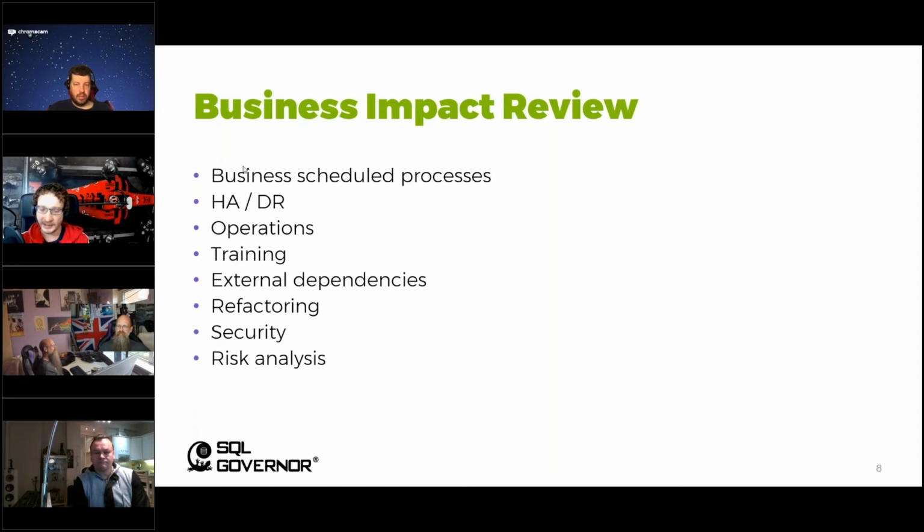And if the cloud is the target, we need to make sure that the dependencies are also compatible with the target environment we are moving to. If you imagine moving a database server to Azure SQL Database or Azure SQL Managed Instance, there are some things that are compatible with that, some others that are not.